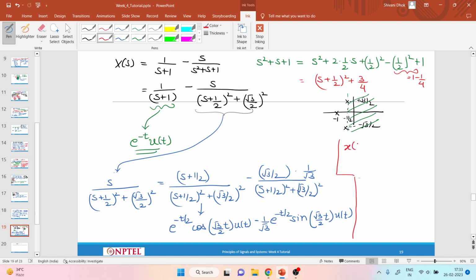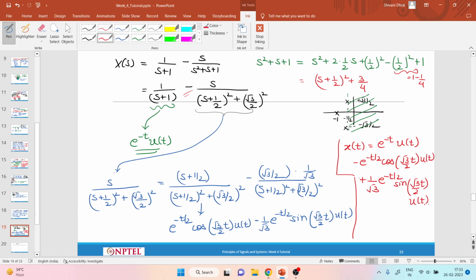So the final thing that we are getting is x(t) = e^(-t) u(t), minus (it is a minus sign here, not plus) e^(-t/2) cos(√3/2 t) u(t), plus (1/√3) e^(-t/2) sin(√3/2 t) u(t).